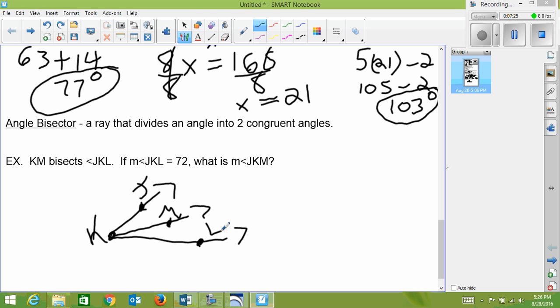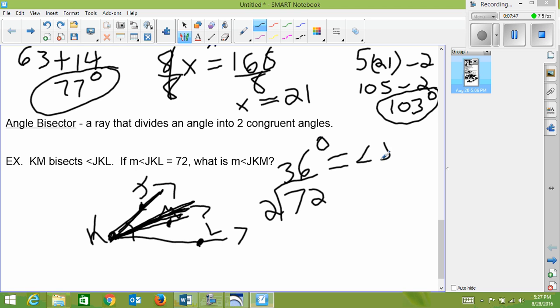So the whole angle, this whole piece, is 72. What is the measure of JKM? Knowing that this piece right here is a bisector, all I would have to do is take 72 and divide it by 2, and I could figure out that the angle JKM is 36 degrees.